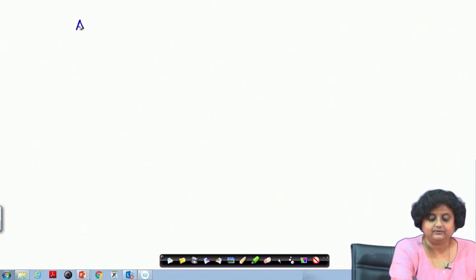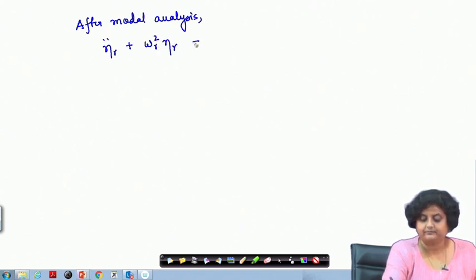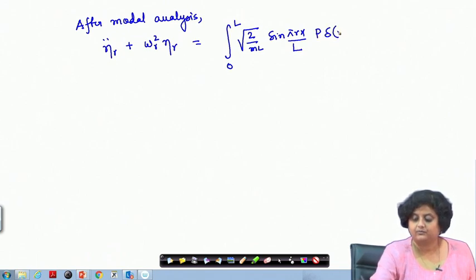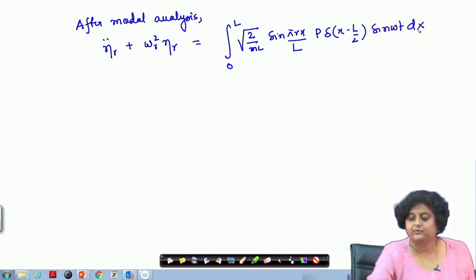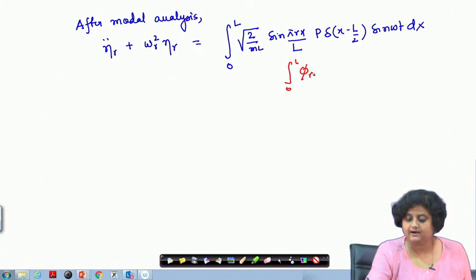After modal analysis, we can write the equation of motion as omega r square times q r plus q r double dot, which is equal to the integral from 0 to L of phi r x into f x comma t dx.